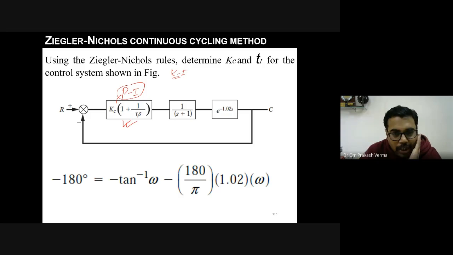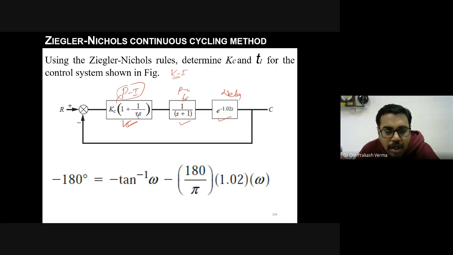Okay. So this is a PI controller acting on a first order system. However, the process also contains a transportation delay of e to the power minus 1.02 s, which represents the delay, and this is the system transfer function.